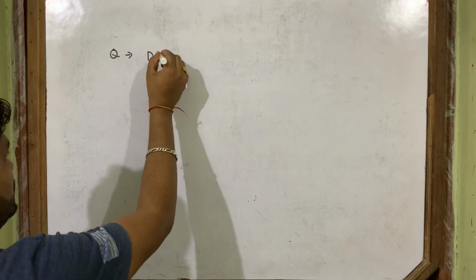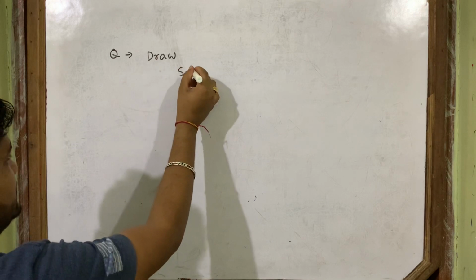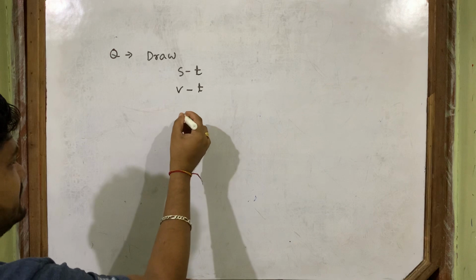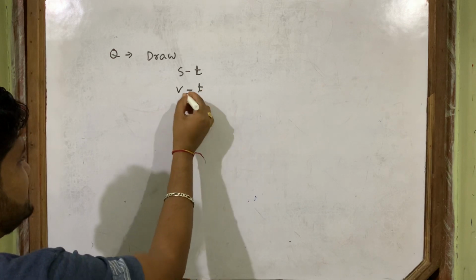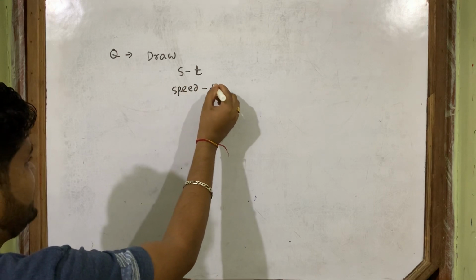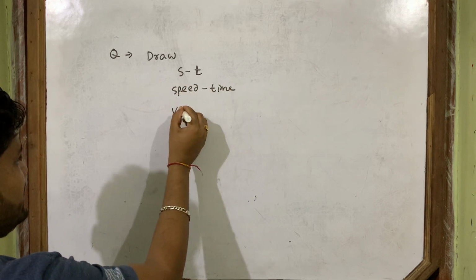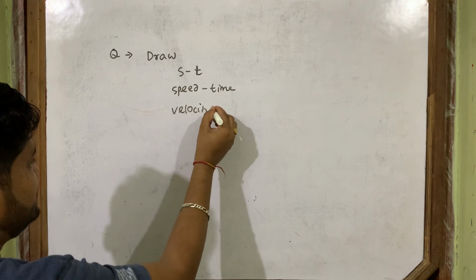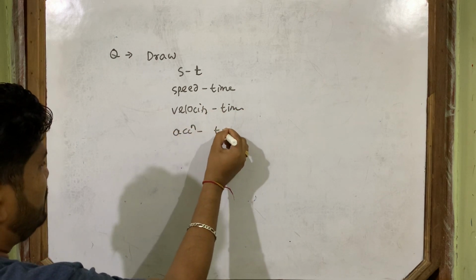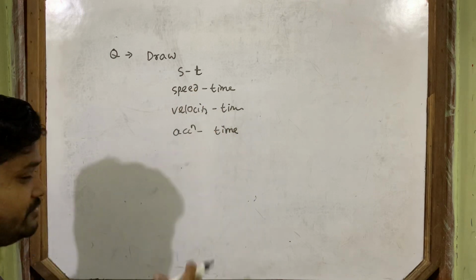You have to draw the distance time graph, speed time graph, then velocity time graph, then acceleration time graph. All graphs you have to draw.